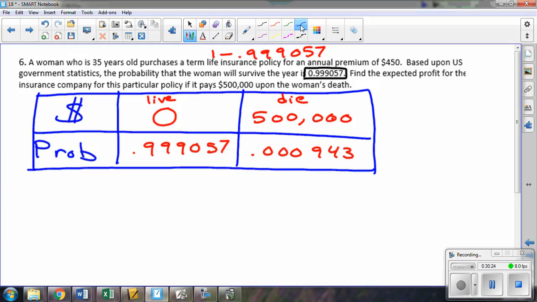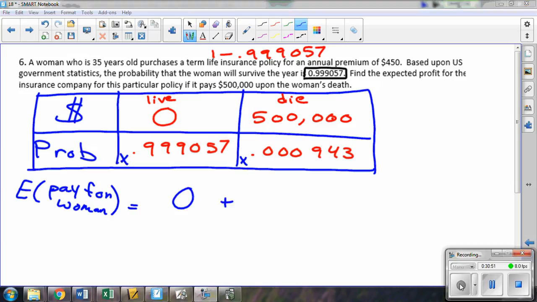Progressing from here, we know that to get the expected payout for the woman, we would have to multiply and add each stage. So 0 multiplied by its probability, plus 500,000 multiplied by its probability, that will equal $471.15.